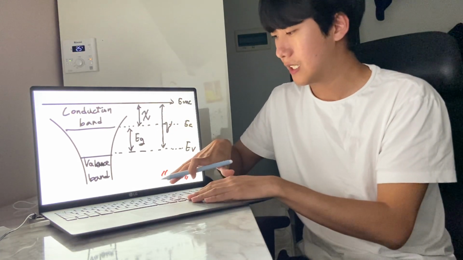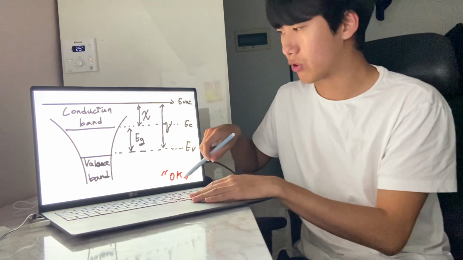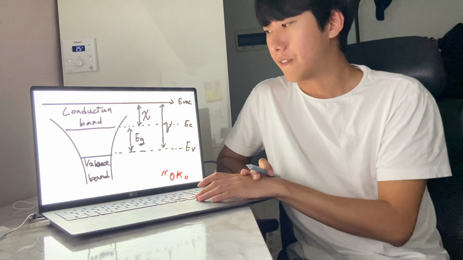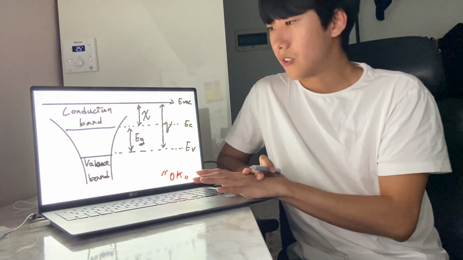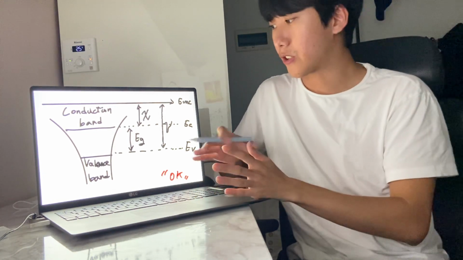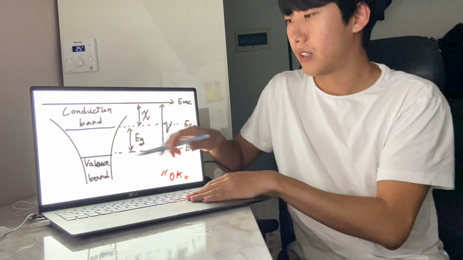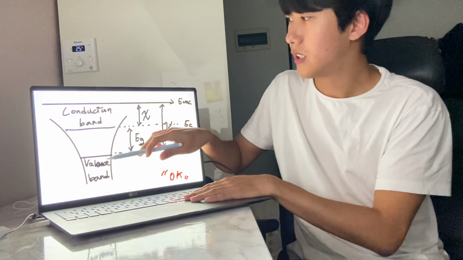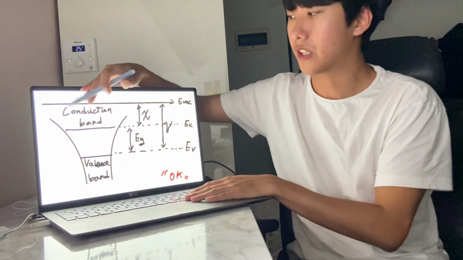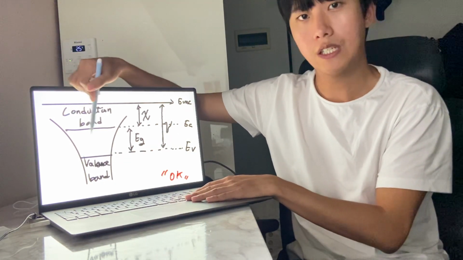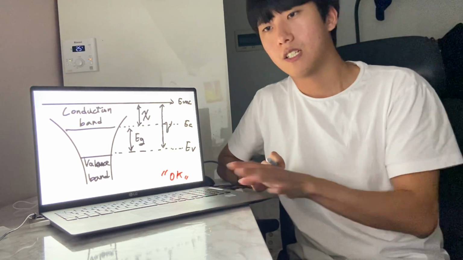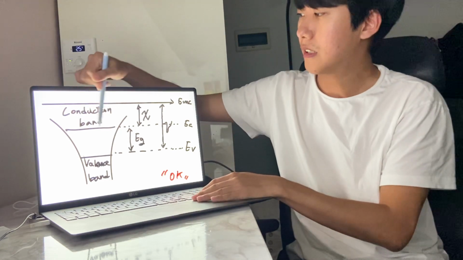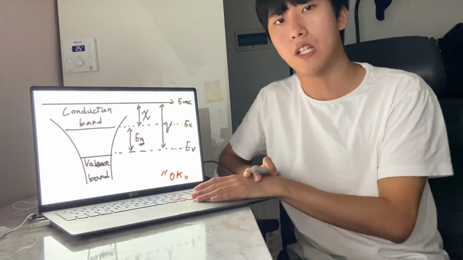So at the low-energy state of 0 Kelvin, the valence band is the highest fully occupied energy level by electrons, and the conduction band is the lowest fully empty energy level.